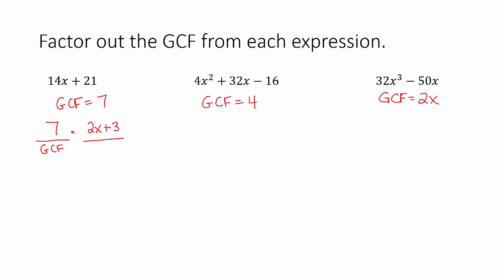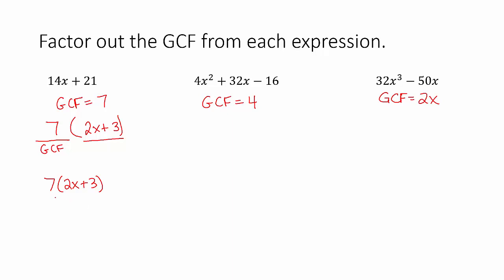Now we can't just leave this here as a multiplication sign. We want the 7 to get multiplied with this whole binomial. So I'm going to erase that little dot, not the 2x plus 3. We wanted that to be there. But I'm going to put parentheses around this so that my final answer looks like this.